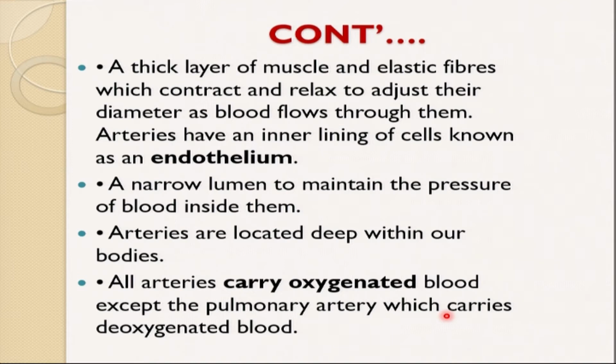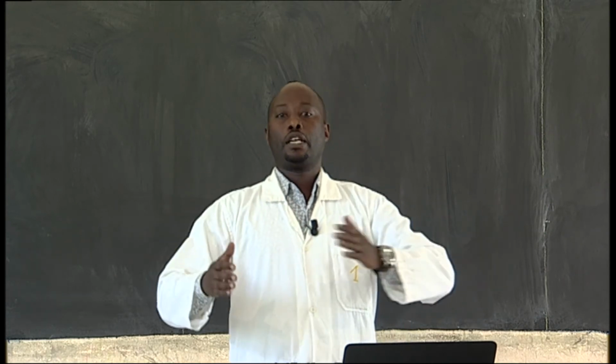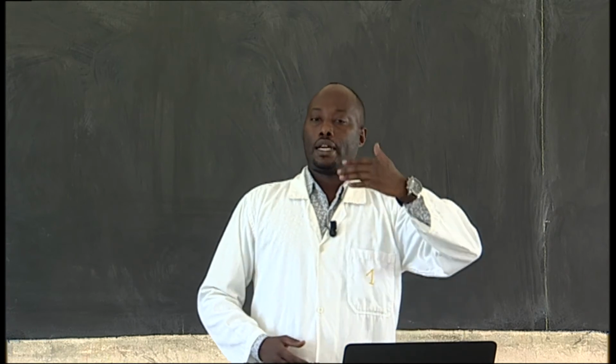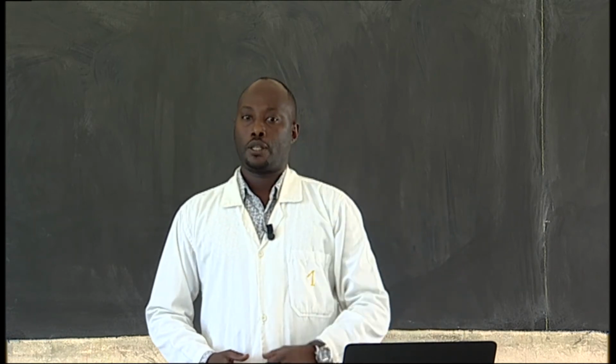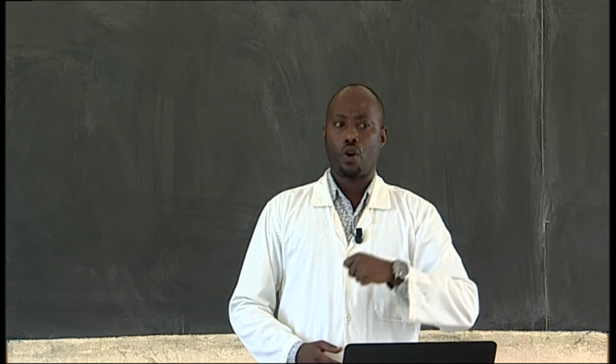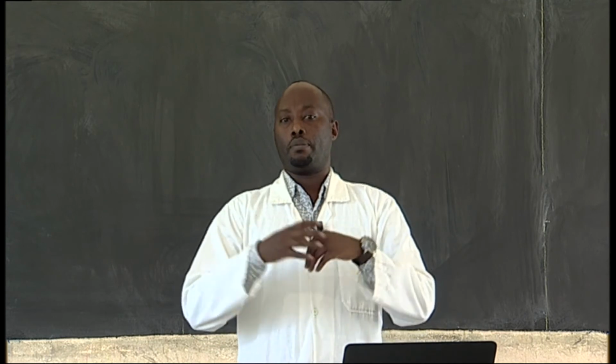To maintain the pressure of the blood inside them. If the lumen is large, the blood will be flowing without pressure. But one of the characteristics of the arteries is that they have a narrow lumen, which maintains the pressure of blood inside them.